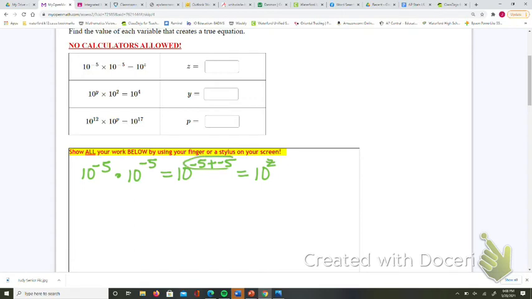Now remember, negative 5 plus negative 5 has to equal z. Negative 5 plus negative 5 equals z. Okay, 5 negatives plus 5 negatives is 10 negatives. So negative 10 equals z.